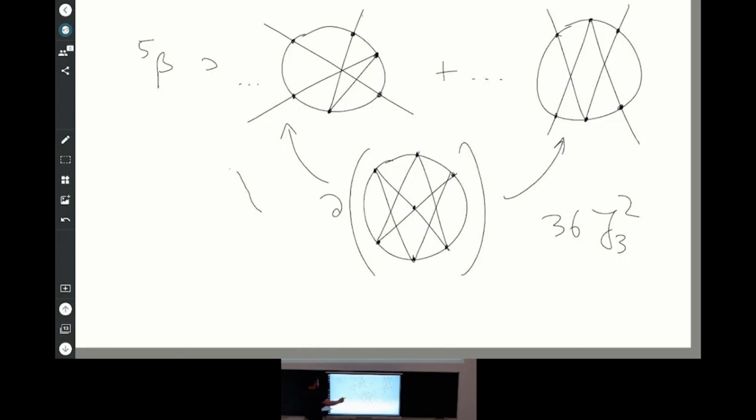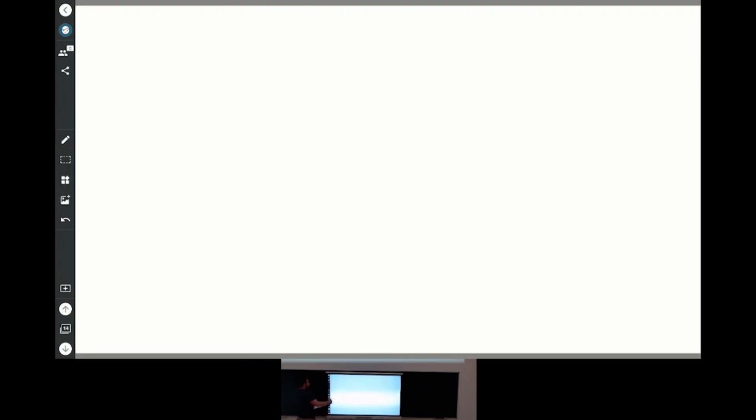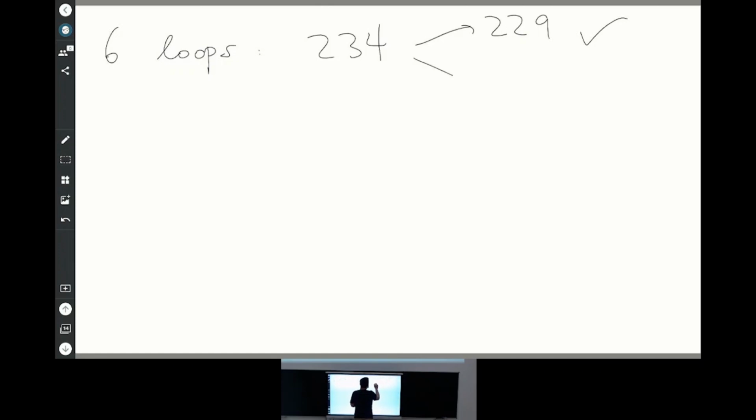Okay, so this is the situation up to 5 loops. And then we went to 6 loops, because why stop at 5 when you can go to 6? And at 6 loops, we got 234 equations that need to be satisfied among the various beta function coefficients. Now 229 of them were satisfied, but 5 were not satisfied.